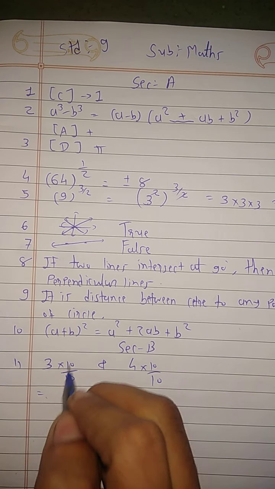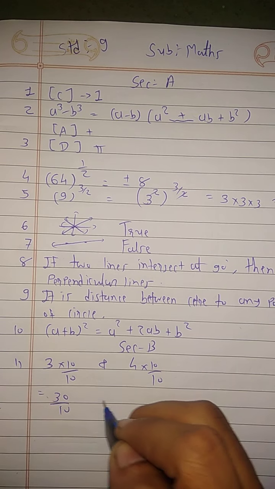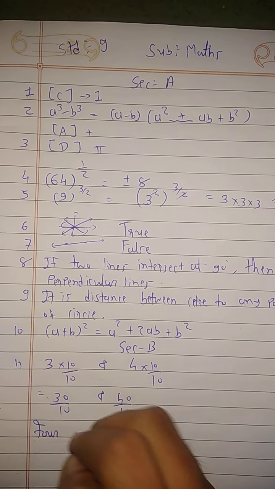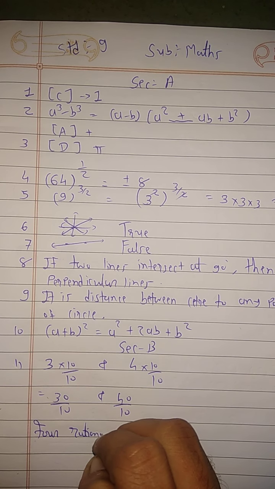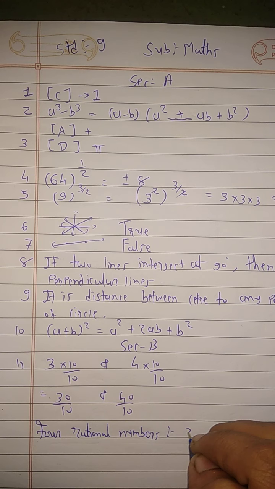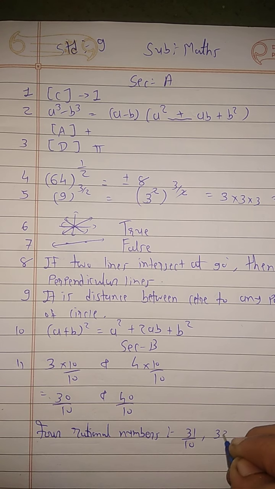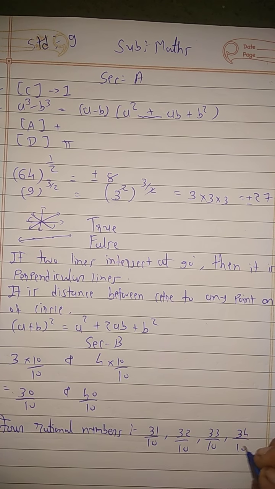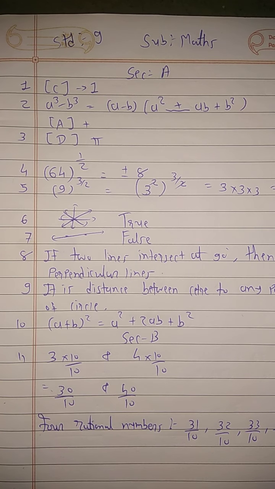Okay, so this is 10 into 3, 30 by 10 and 40 by 10. So now we can easily write the 4 rational numbers. It is 31 by 10, 32 by 10, 33 by 10 and 34 by 10. Okay.